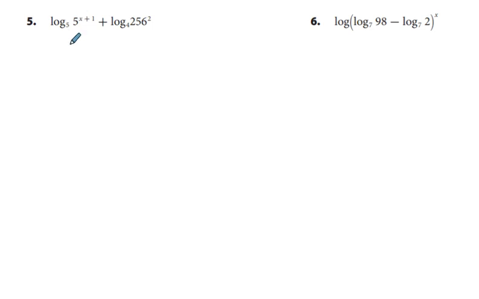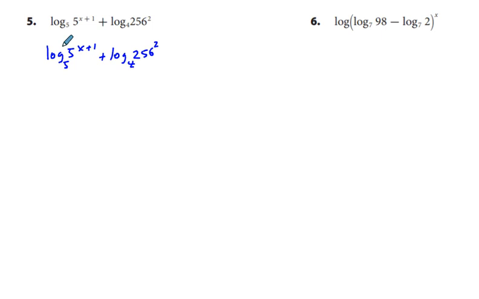Now I'm just going to rewrite this: log base 5 of 5 to the x plus 1, plus log base 4 of 256 to the power of 2. We have different bases of these logarithms, don't we? So let's see how that works out.